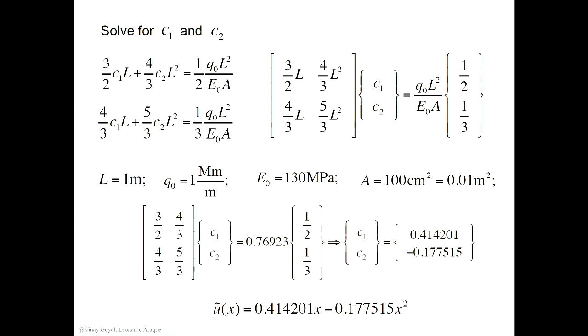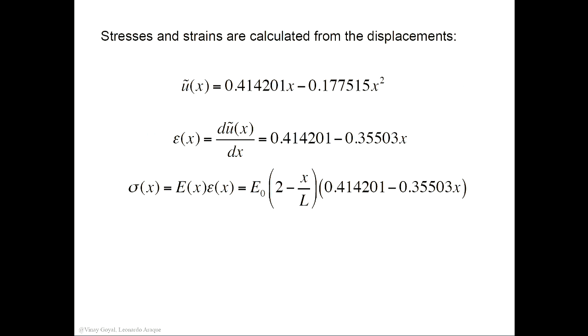At the end, we have a 2x2 matrix for C1 and C2, and you can get C1 and C2. Then this gives you the deflection along the length of the beam. If I know the deflection, I know the strain. If I know the strain, I know the stress. That's what's shown here. If I know the displacements, I know the strains, and if I know the strains, I know the stress along the length of the elastic bar.